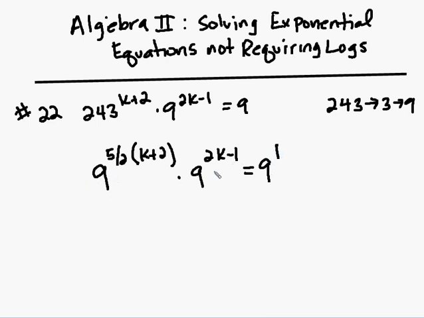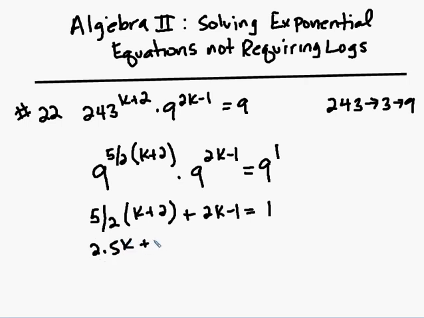So now that I have my bases the same, the rest is pretty straightforward. And it's simple algebra. I have 5 halves times (k plus 2) plus, remembering the product property of exponents, 2k minus 1 is equal to 1. Or I have 2.5k plus 5 plus 2k minus 1 is equal to 1.